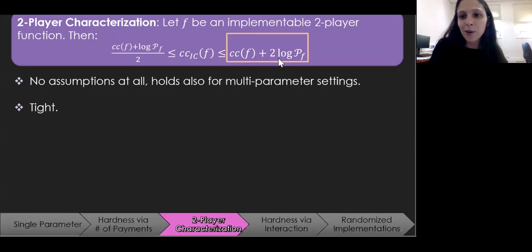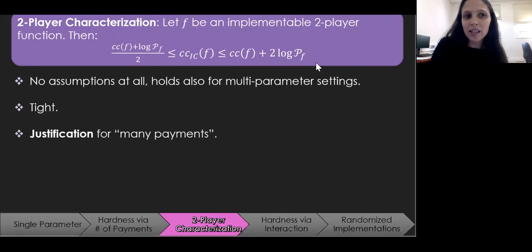For example, if you remove the log of the number of payments, we've shown the exponential overhead between F and its implementation before. And also, you cannot remove the communication complexity of the function because then it is pretty easy to come up with a function that has no payments at all, but computing the function still requires some communication.